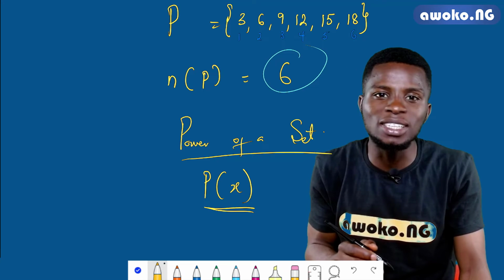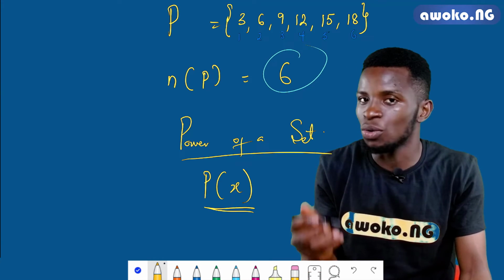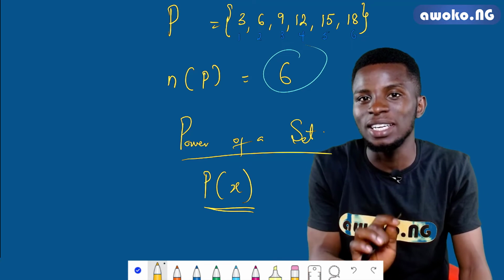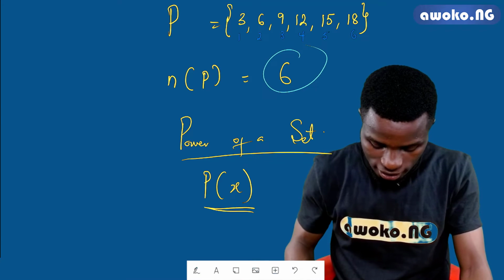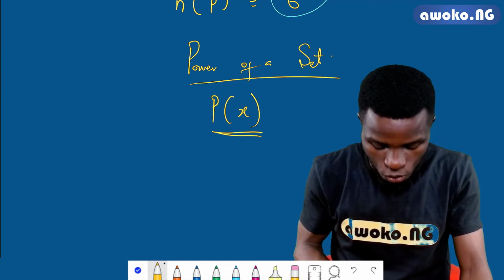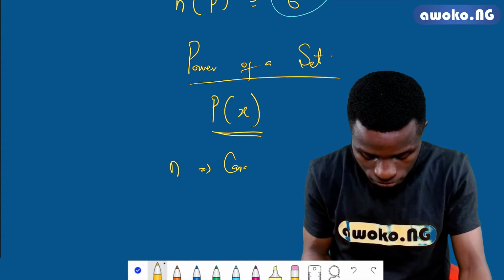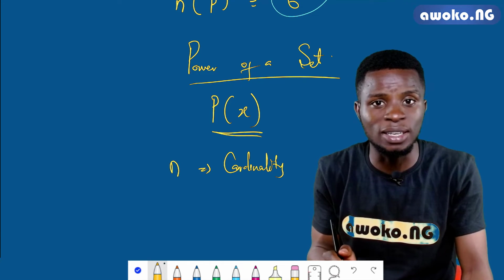So if the cardinality of the set is n, you know what cardinality is, that is the number of elements contained in a particular set. So let's say n is the cardinality.